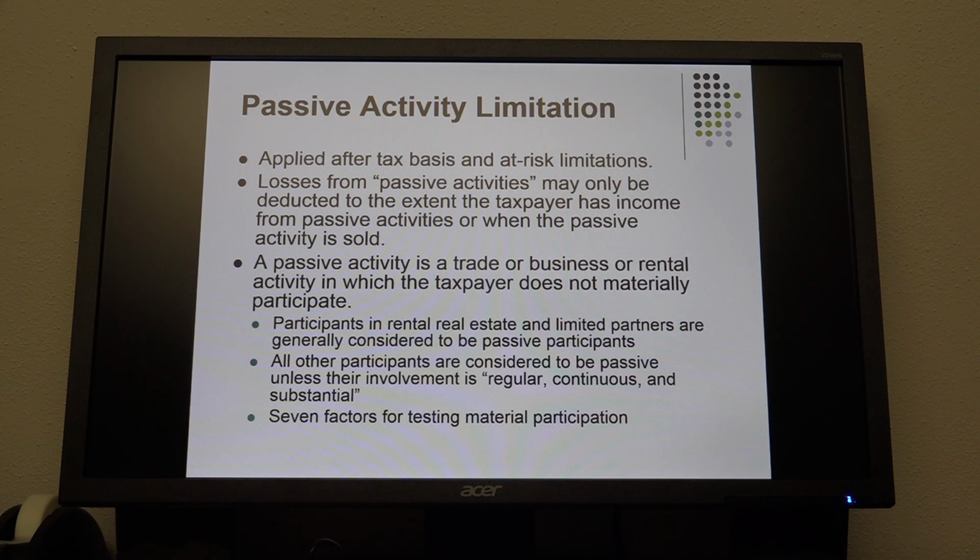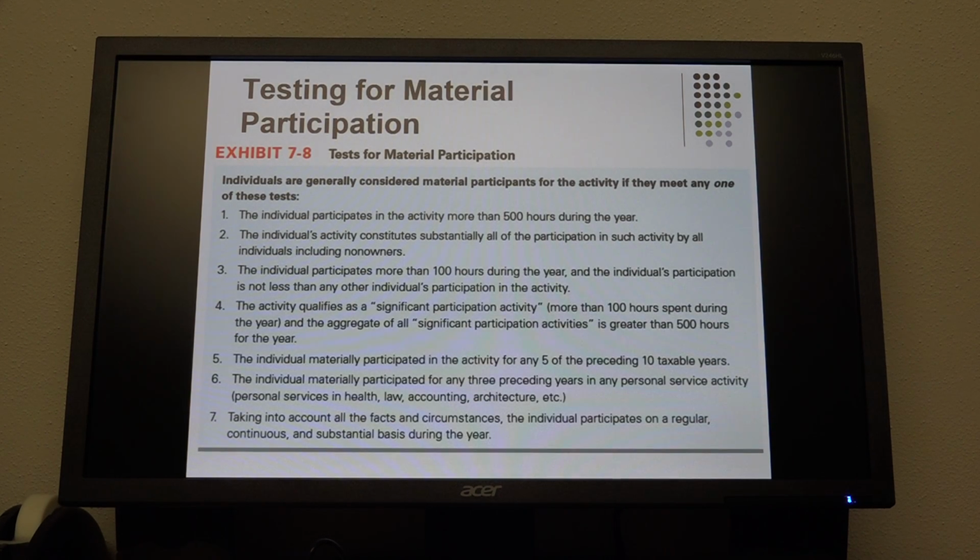And if you meet any one of those 7 factors, you are considered to have materially participated in that activity. And there are the 7 tests. And again, you only have to meet one of them.